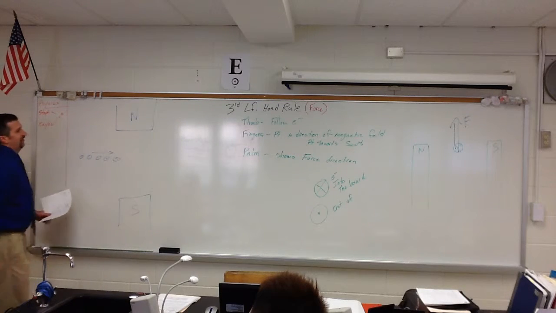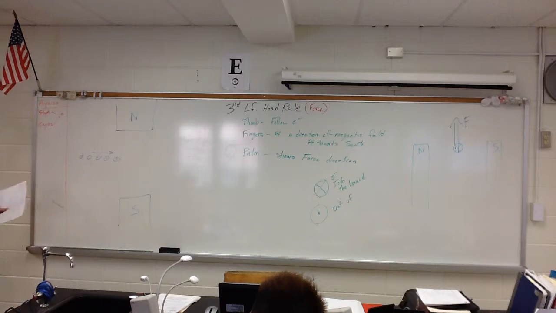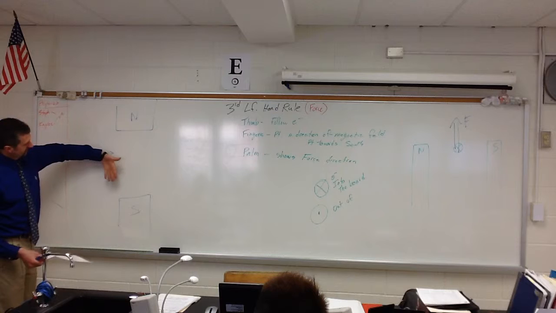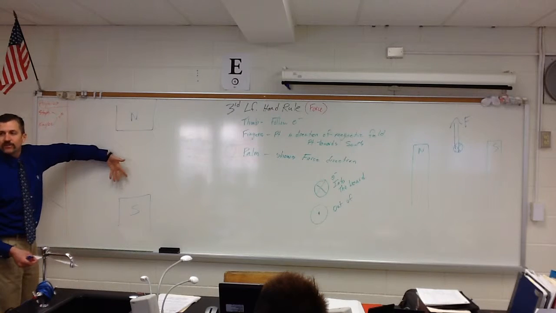But for right now, here's what you know. You know it's a third left-hand rule problem. You see the scenario. How do you set up your hand? Well, your thumb goes that way. Your fingers have to point down towards the south, right? Your fingertips down towards the south.